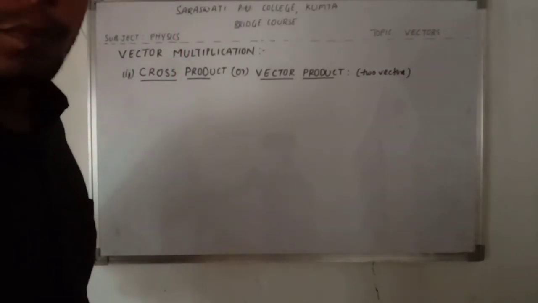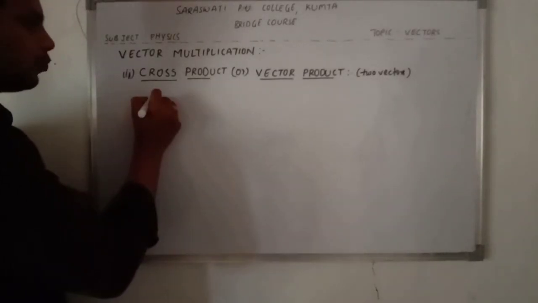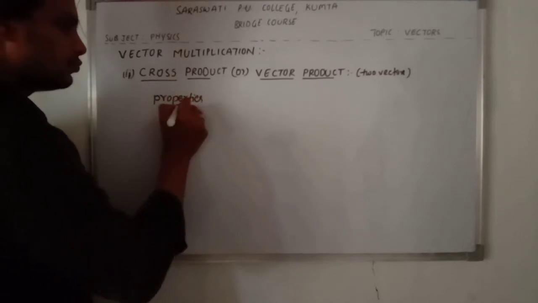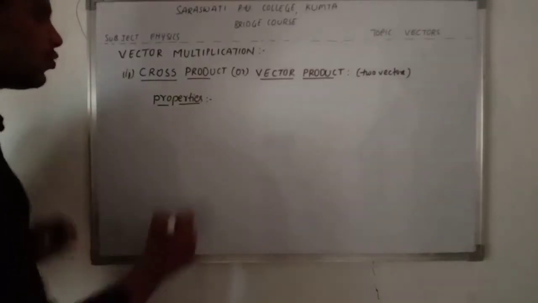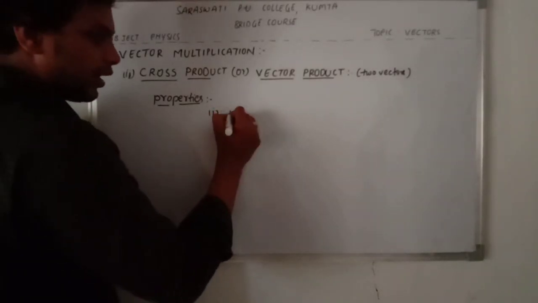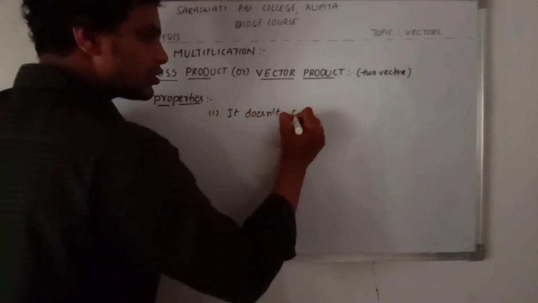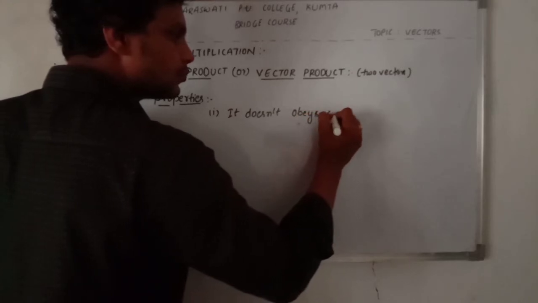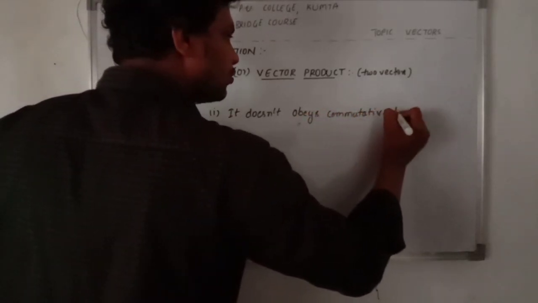Now next we are going to discuss the properties of cross product or vector product. The first property for the cross product is that it doesn't obey the commutative law.